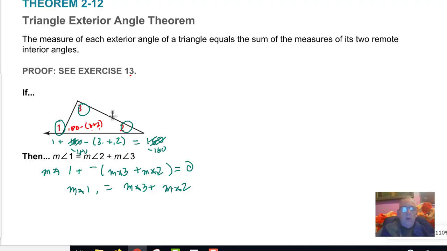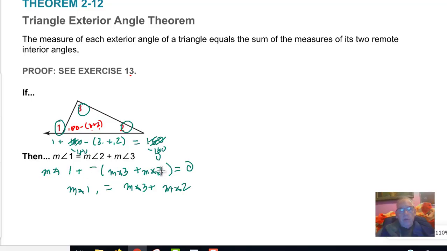So again, using triangle sums, 180, take away these two angles, has to be this angle here. But these two angles have to add up to 180 because they're a linear pair. So when you set that up, the measure of angle 1 plus 180 minus the measure of angle 3 and 2 has to equal 180 because they're a linear pair. When we simplify, we get a 0 on this side, and we got 1 take away measure of angle 3 plus measure of angle 2 equals 0.